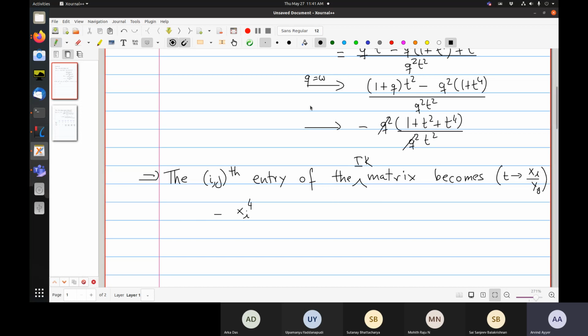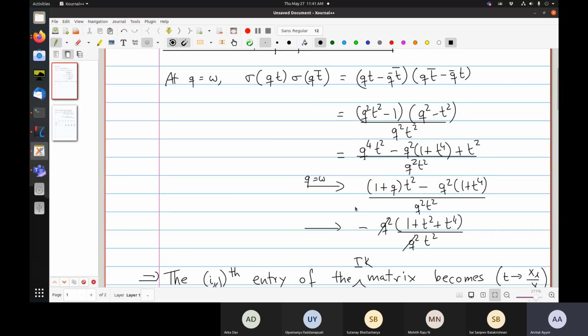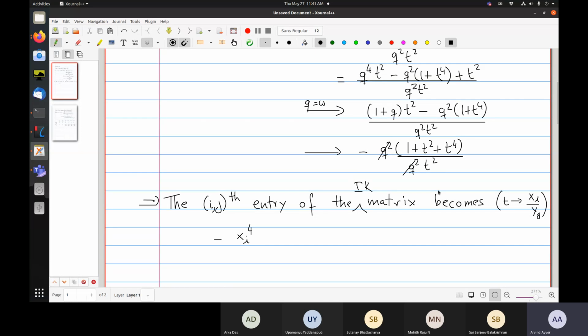And remember, this is in the denominator, so this t will go in the numerator. Okay, so you get minus xi to the 4 divided by xi to the 4 plus xi squared yj squared plus yj to the 4.